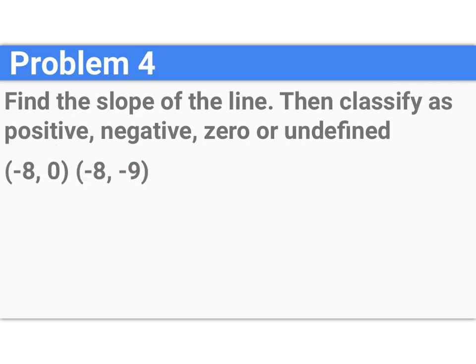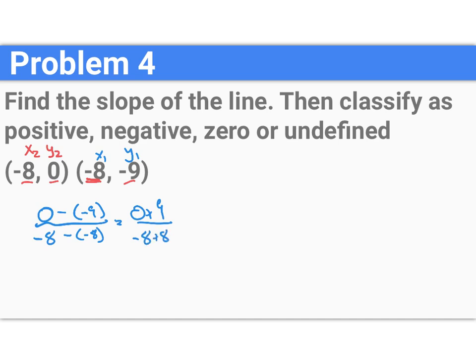Okay, and let's look at our last one. We told you before in functions, if you have the same domain, you cannot have two different ranges. Let's see why. So let's call this x2 and y2 again. It'll be x1 and y1 because I did two of them with x1 and y1 first. So you got 0 minus a negative 9 over negative 8 minus a negative 8, which gives us 0 plus 9 over negative 8 plus 8.